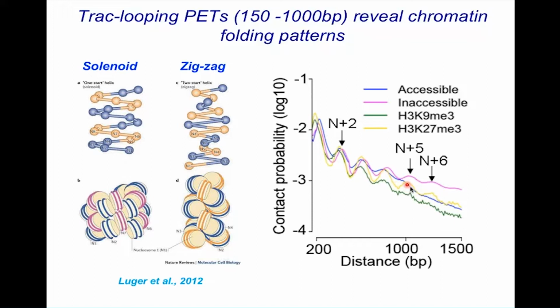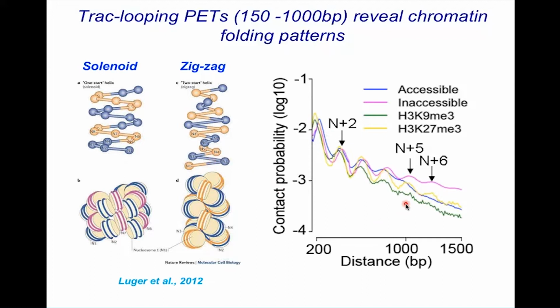But the blue line shows very little enrichment with N+6 or N+7, indicating that there's a very small fraction of chromatin that's folded in the solenoid configuration. So in accessible regions, it's mainly zigzag folding, but not solenoid.